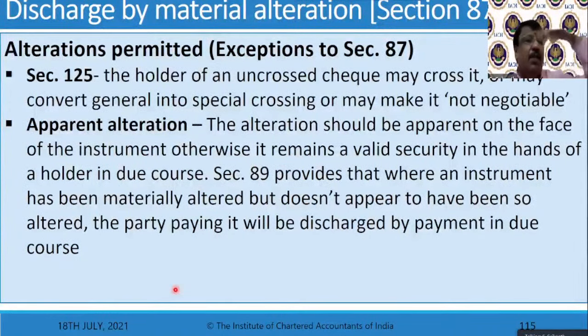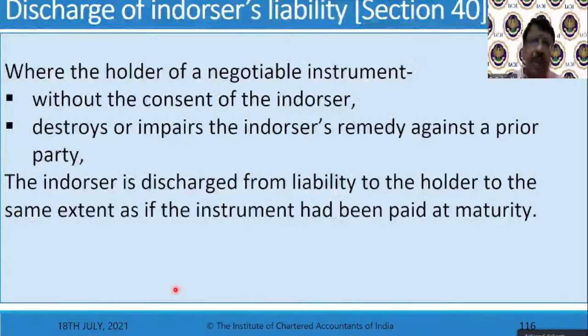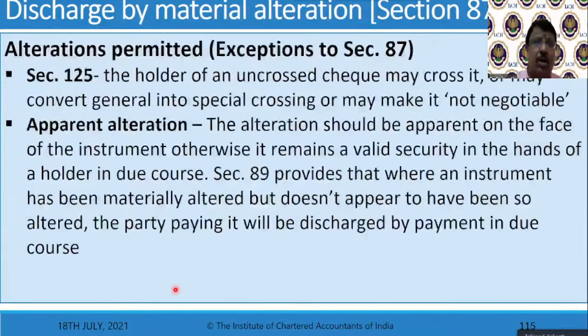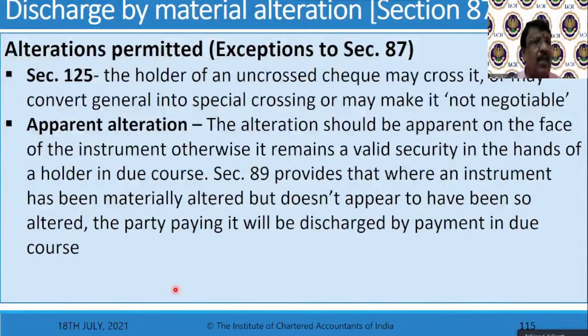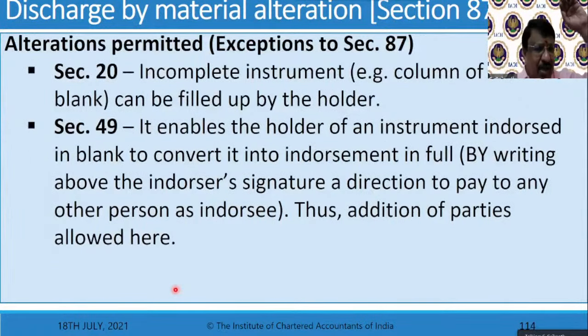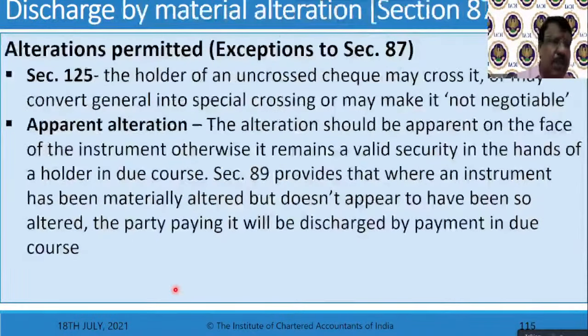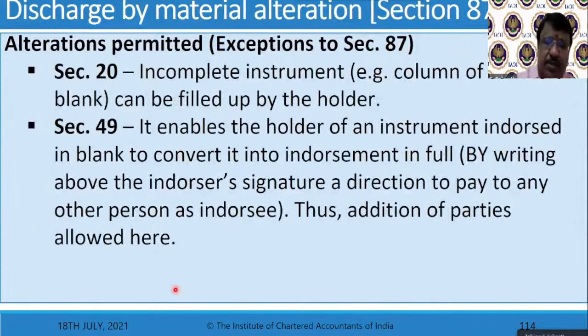Some other writing, some other agreement between them, letter correspondence, no. On the instrument, there should be an alteration. So three permitted alterations we have seen, sections 20, 49, 125. Other than that, any other material alteration will discharge. These are not material alterations. These are permitted alterations.